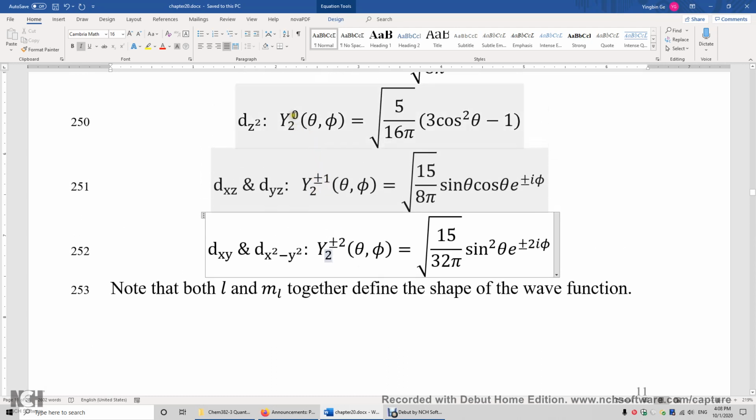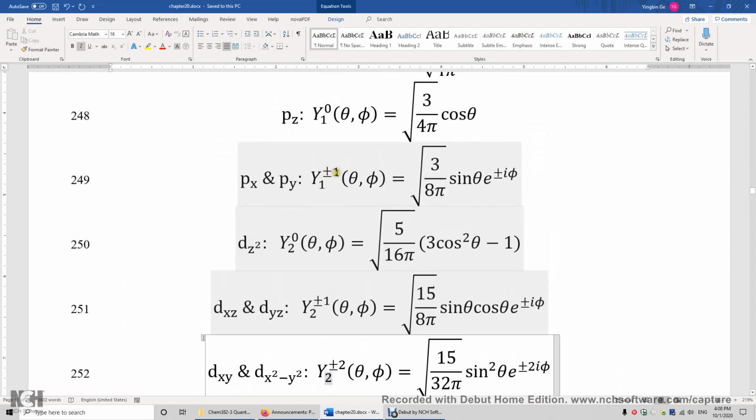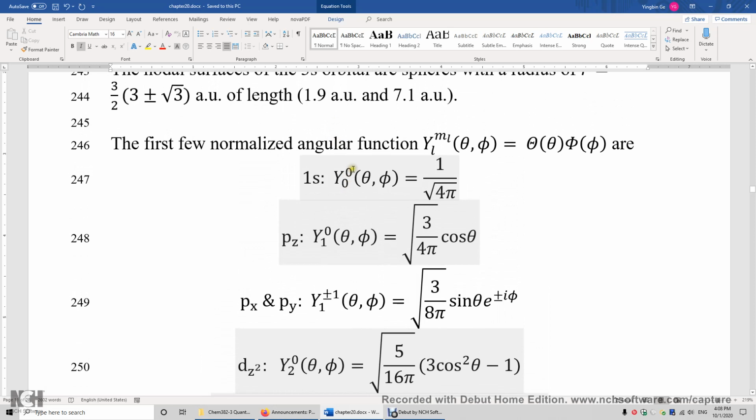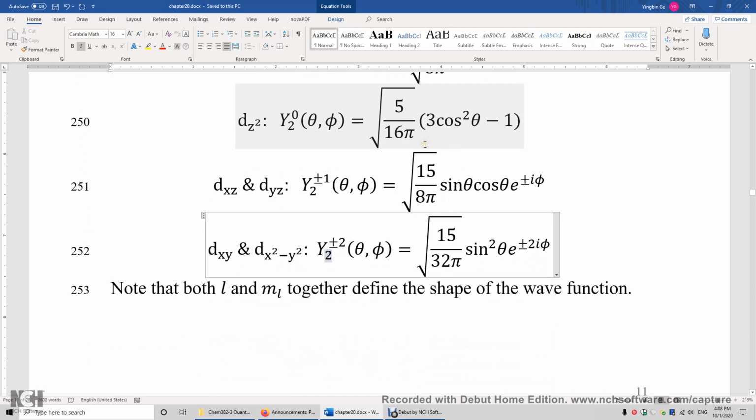L equals 2, m sub L, the z component, is 0. L is 1, m sub L is plus minus 1. L is 1, m sub L is 0. L is 0, m sub L can only be 0. Alright, so again, those are just the angular functions of the electron in the hydrogen atom.